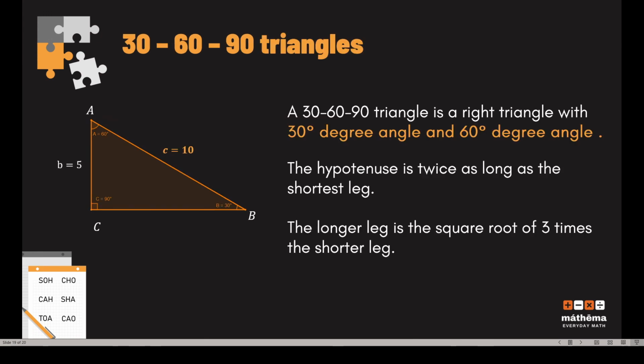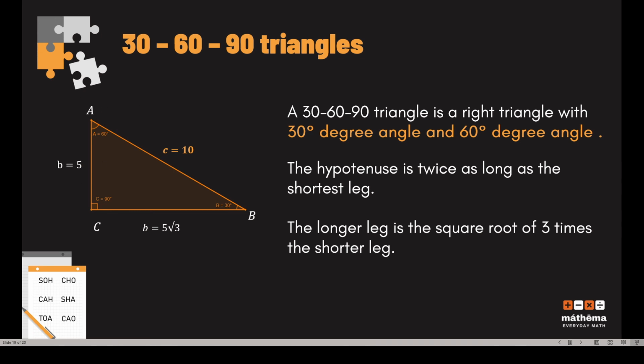And then, the longer leg is the square root of 3 times the shorter leg. What is our shorter leg? That is 5. Times the square root of 3, that will give us 5 square root of 3. You can check this using tangent.